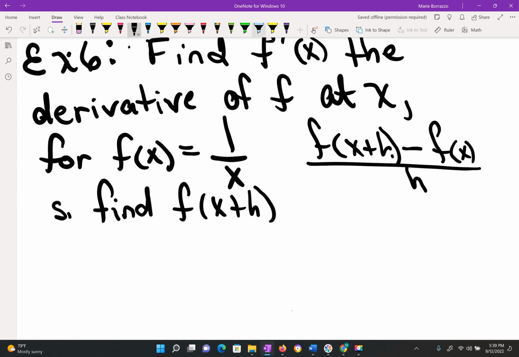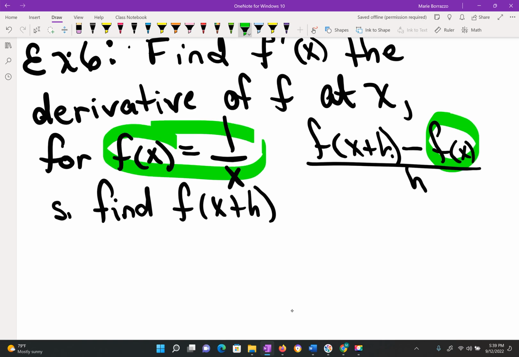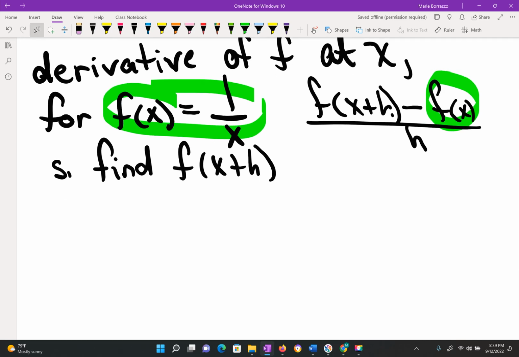We already know this because they gave it to us. How nice of them. But we are going to find this guy now, f of x plus h. So we're going to start by simply substituting it. So it's 1 over x plus h. We found it. There it is.